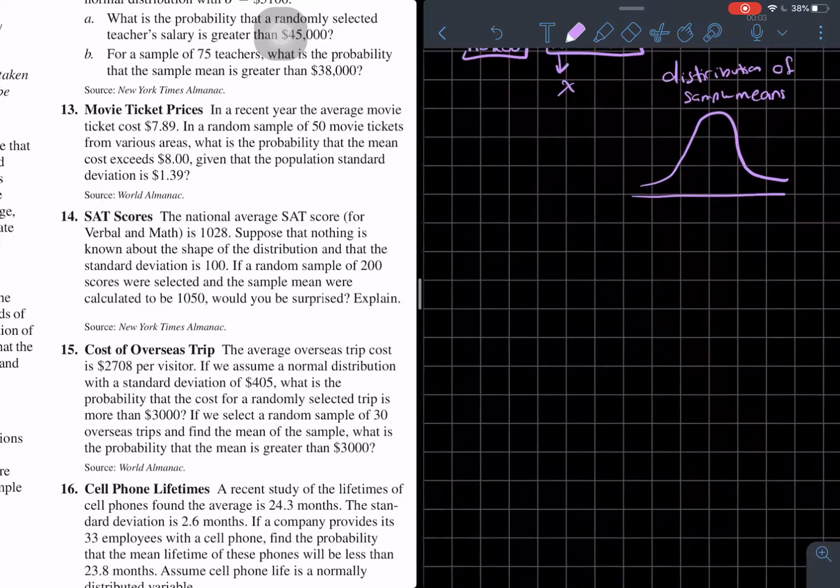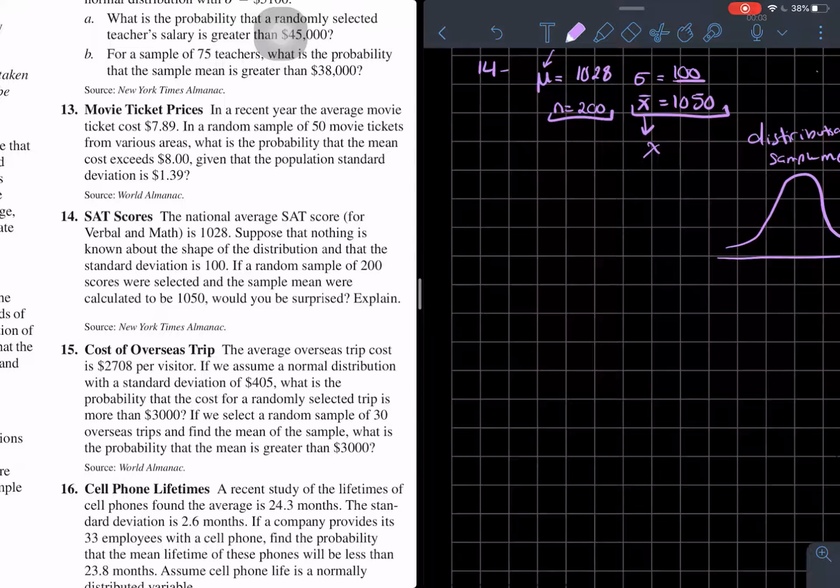That's because if we try to find the z-score of a problem like this, it's usually z equals x bar minus mu divided by the standard error of the mean. Rather, we're not dividing by just the standard deviation, we're dividing by the standard error of the mean. So it's going to be sigma divided by the square root of n.